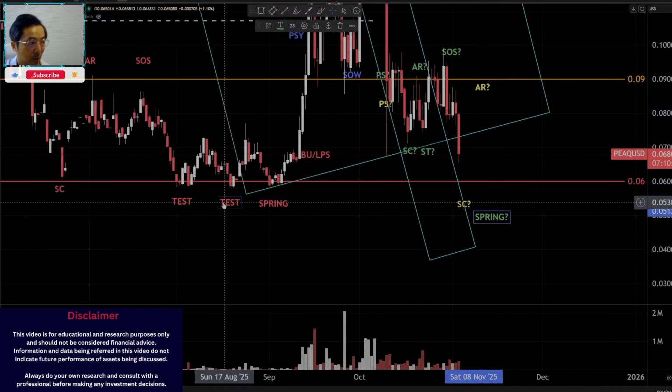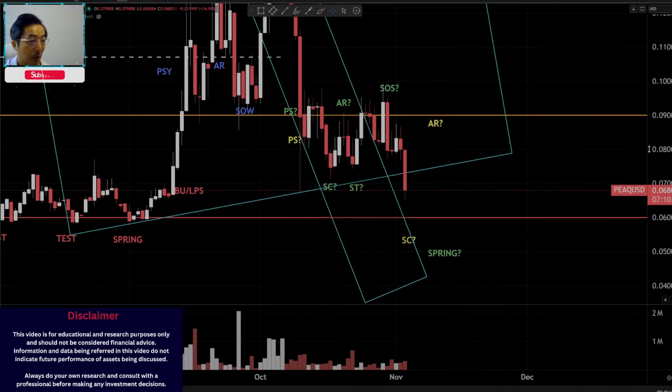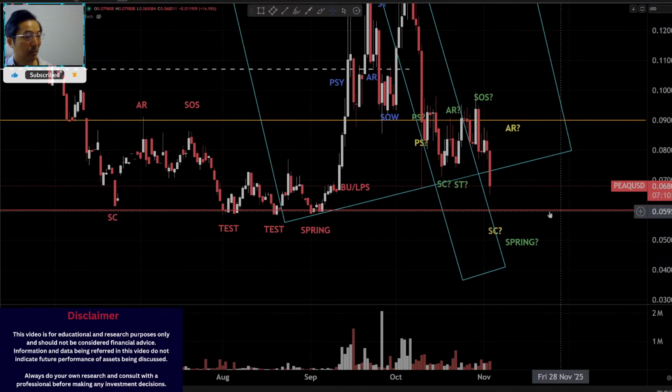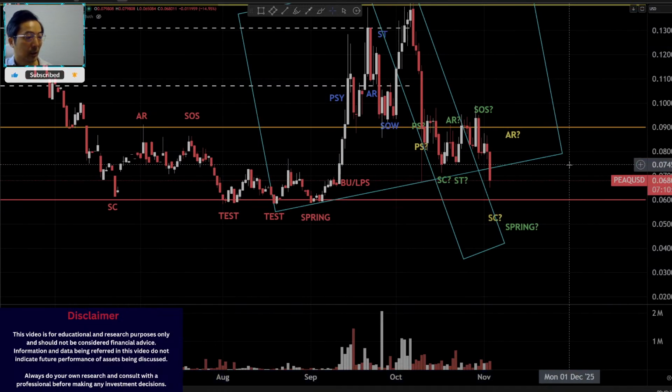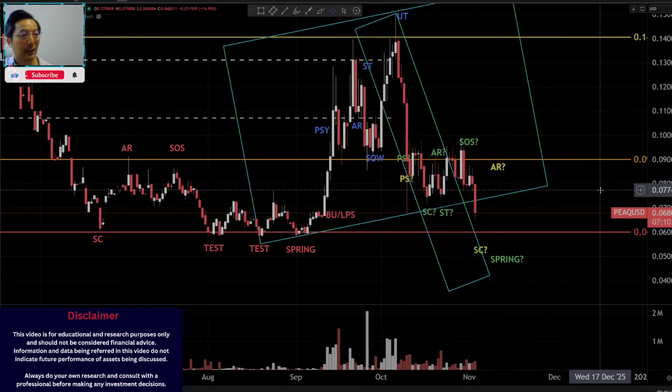Because for Peaq, there was no history for us to take reference. So if you are trying to buy the dip, you have to really understand your risk appetite. Okay? It doesn't mean hitting the red line already gets to the lowest point. You have to make sure you understand how much risk you can take.